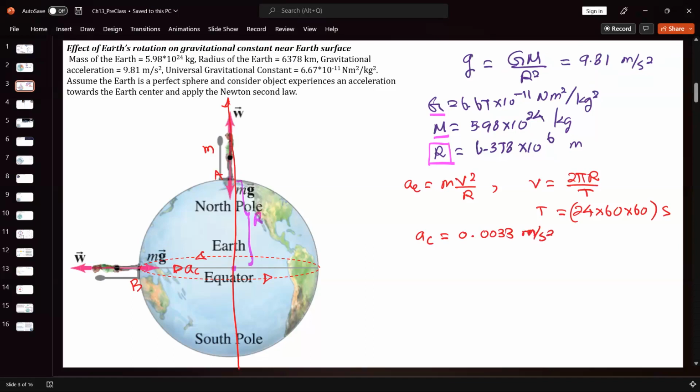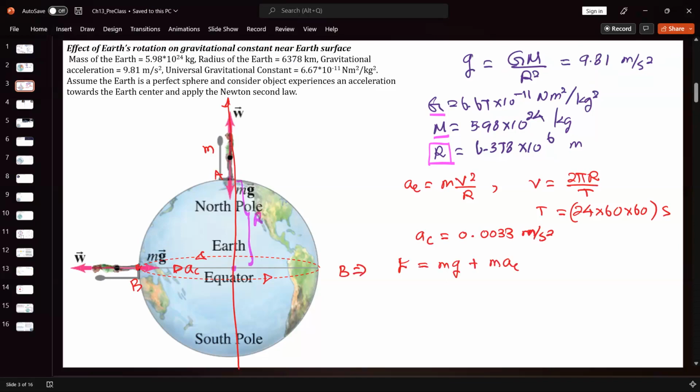So if I write F equals ma exactly at point B, that will end up with the force in the downward direction, which is the force of gravity, which should be equal to mass times the acceleration of gravity that we think is always there, plus mass times the centripetal acceleration.